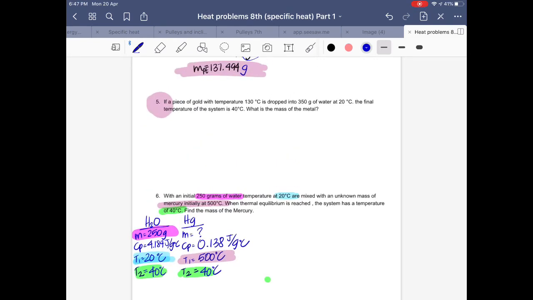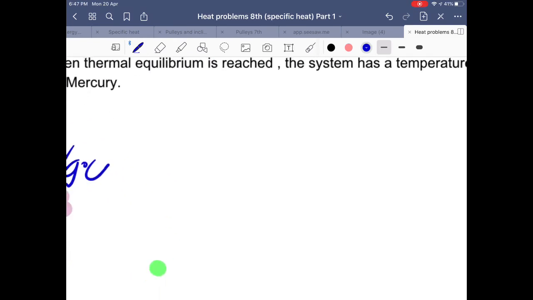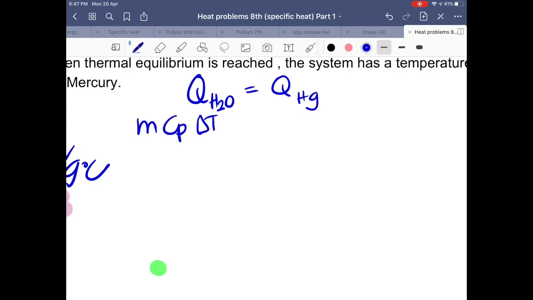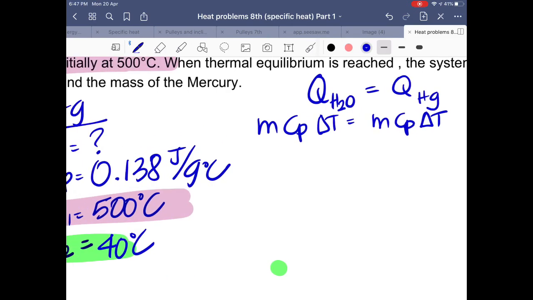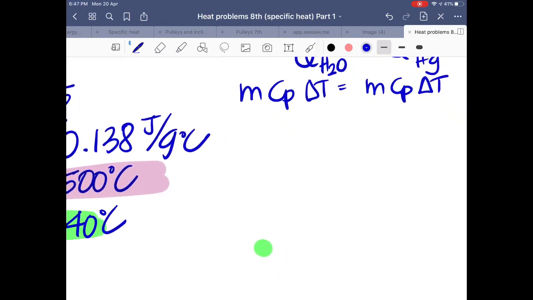So with this information, let's put our formula. We know that the heat that absorbs the water is the same as the heat released by the mercury. So you put mass times specific heat times delta of temperatures equals mass times specific heat times delta of temperatures. Let's focus first on the one of the water.